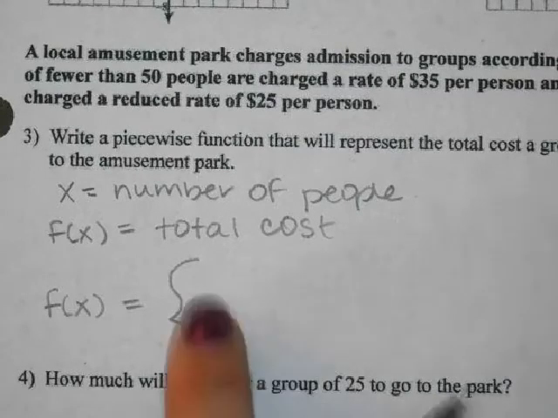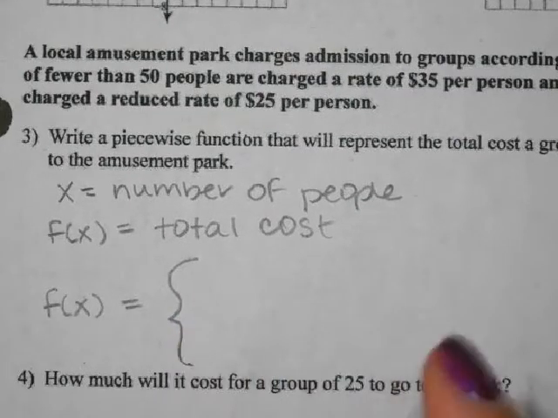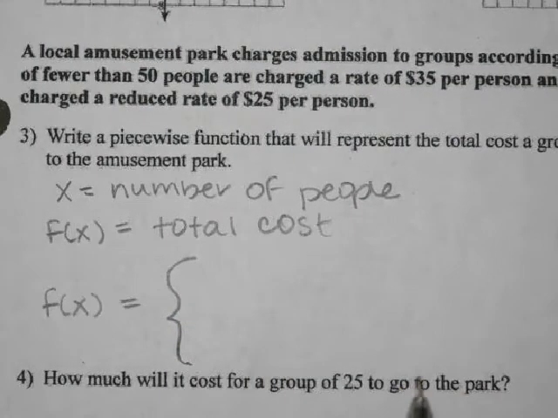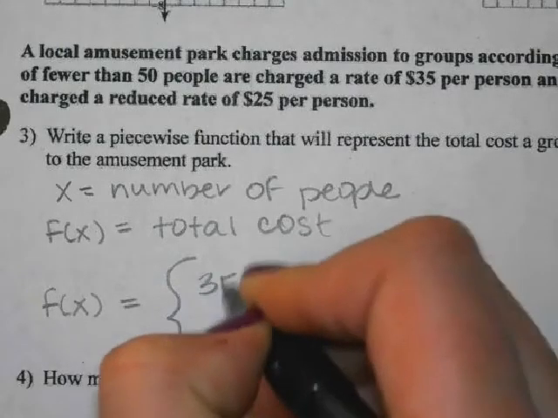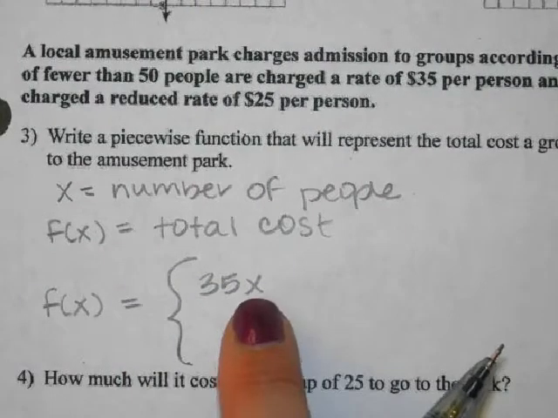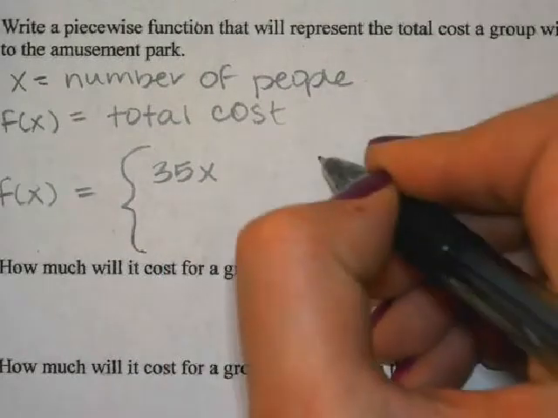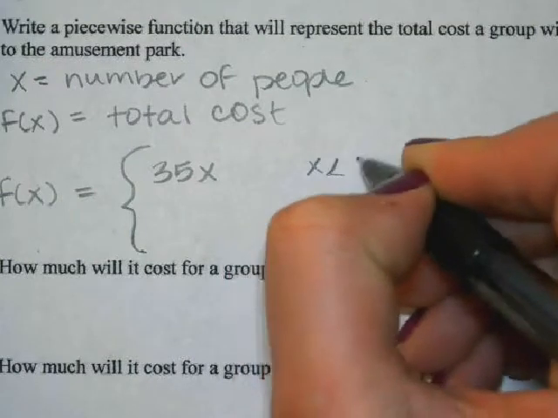So how do I write that? Times 35. Yes. So we're going to say 35x. And what number of people does that work for? Less than 50. So I'm going to say x is less than 50.